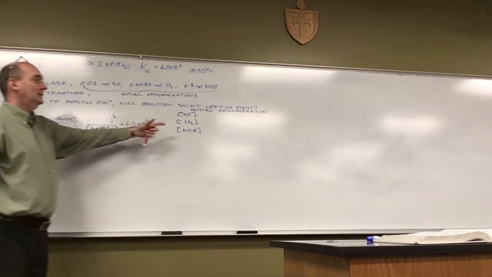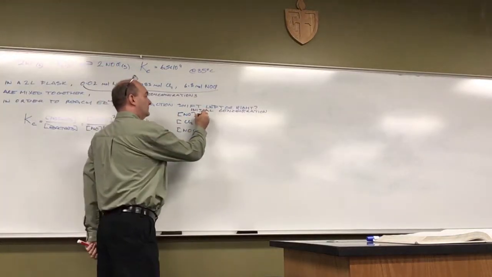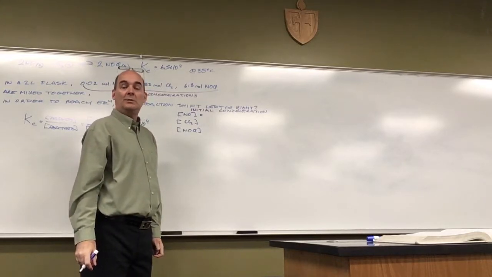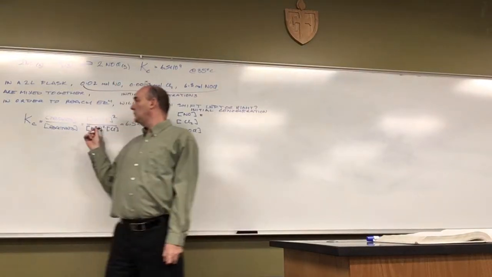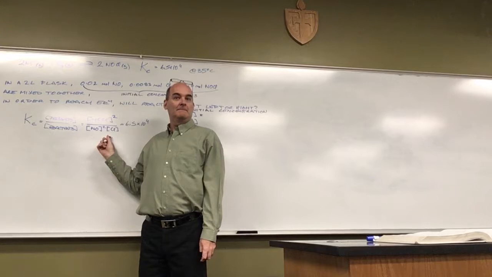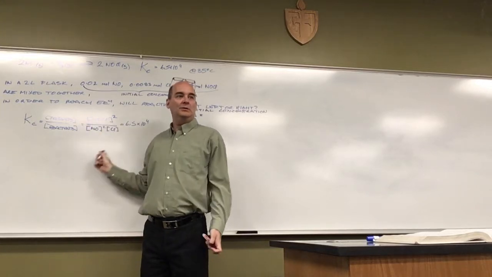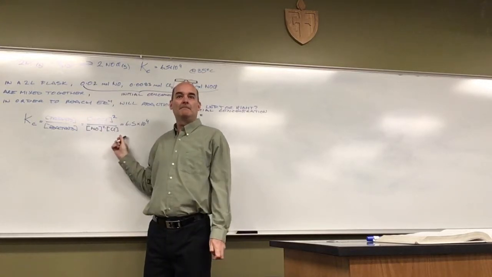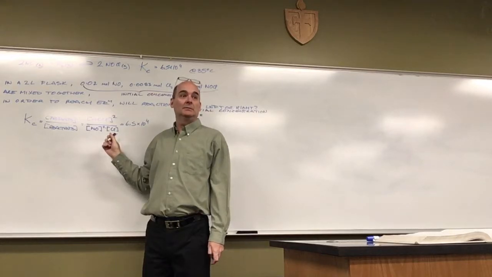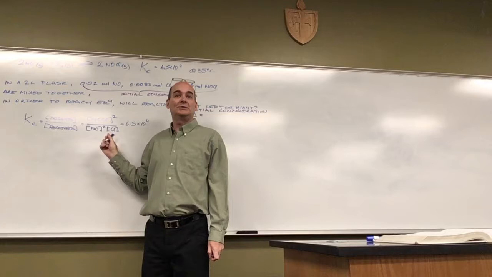So what do I write here? Okay, and what are my units? Do moles go in this equation? It's concentration. What are my units for concentration? Molarity. And how do I convert moles into molarity?